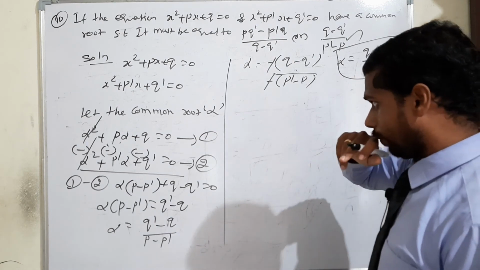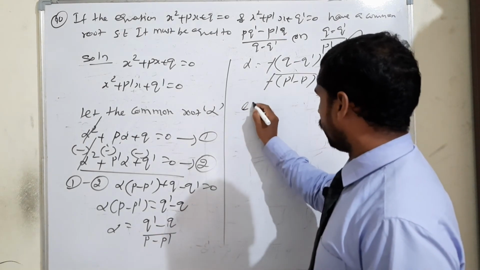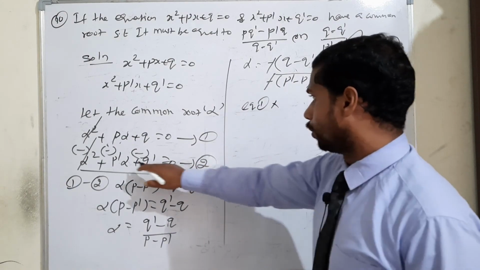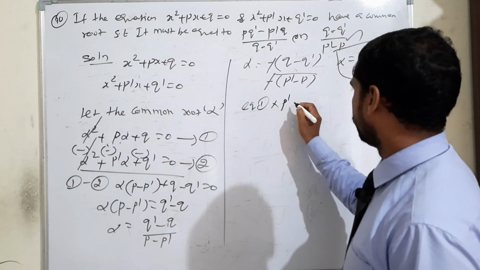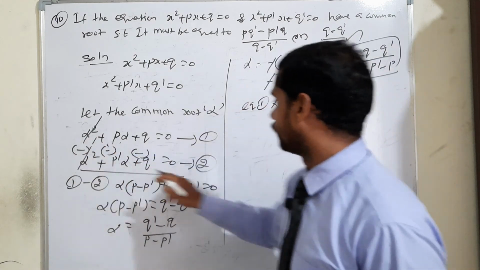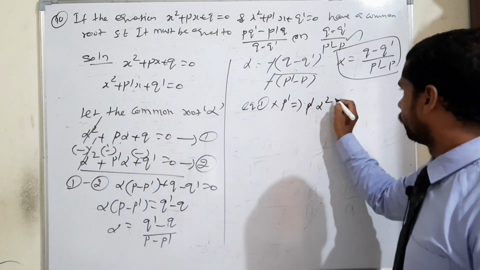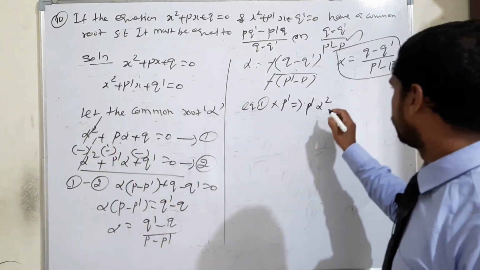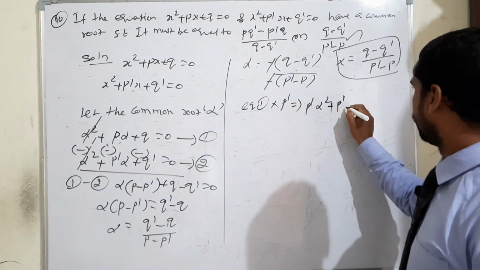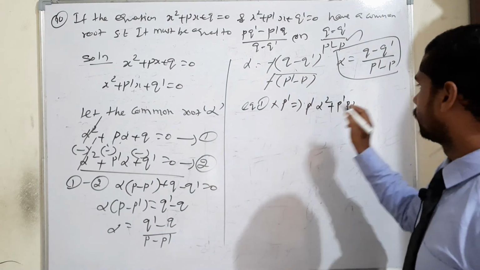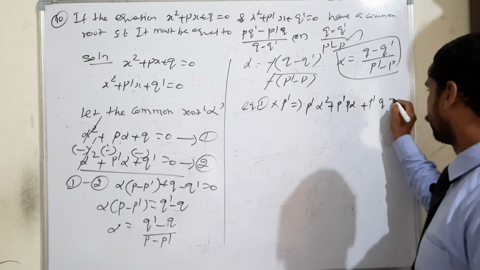Okay, so what we have to do: equation 1 multiplied by p dash. What will happen? p dash into alpha square, then p dash into p alpha, last condition p dash q is equal to 0.